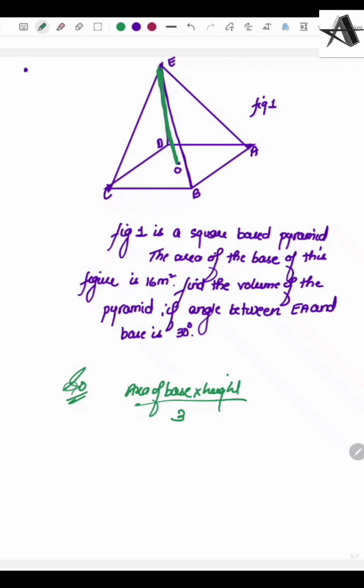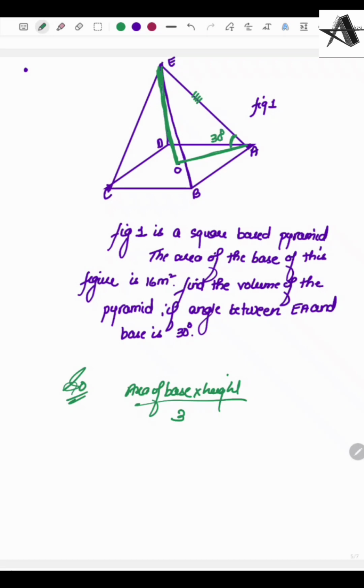And the angle between EA, this side is EA, and the base. Whenever we talk about the angle between the base, that means the base is a diagonal. We have to pick the diagonal, so the diagonal is this one. So the angle between these two they are saying is 30 degrees.